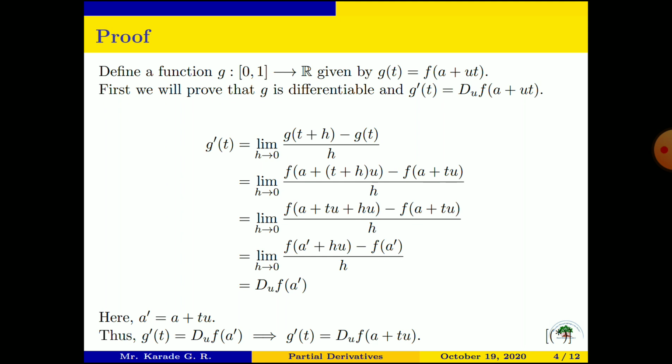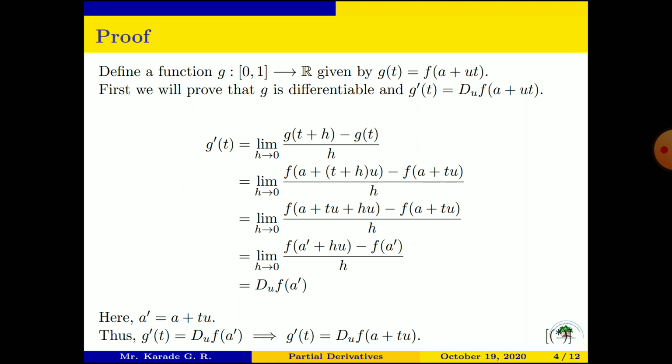This limit is nothing but the directional derivative of f at point a dash in the direction of vector u. So see here, it is very simple and easy to understand. The g dash of t gives the directional derivative of function f in the direction of u at point a dash.